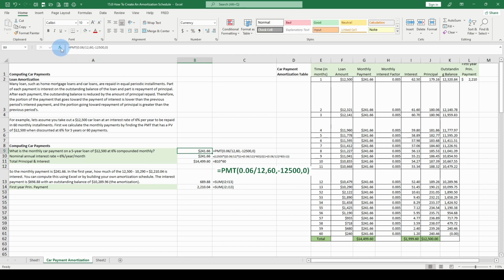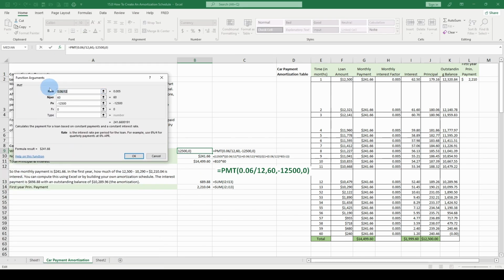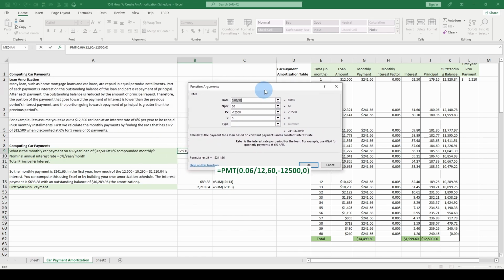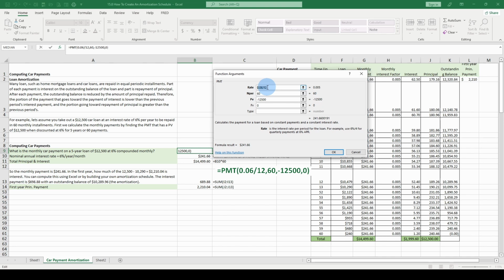Go up to the formula bar. All you have to do is follow these steps. The rate is 6%, as we noted here. With Excel, you always have to divide by 12 because we're looking at annual installments, and this is monthly compounding. Number of periods, we have 5 years, but Excel builds it up in months.